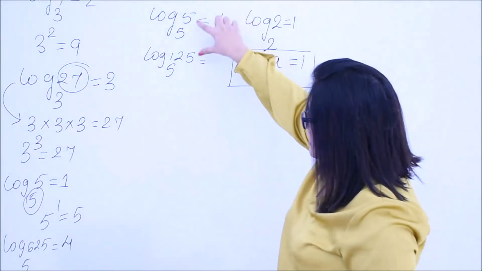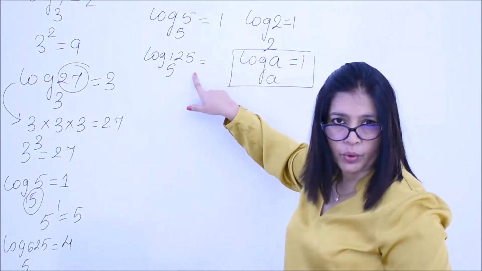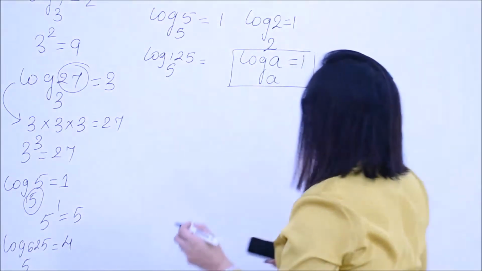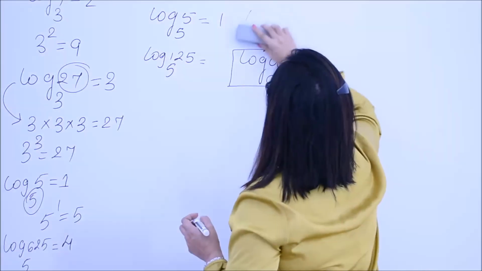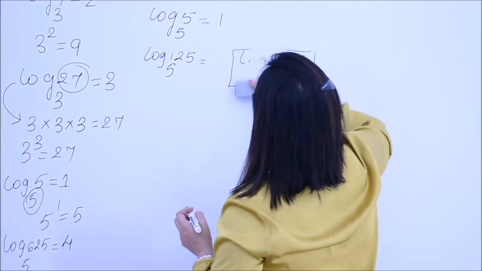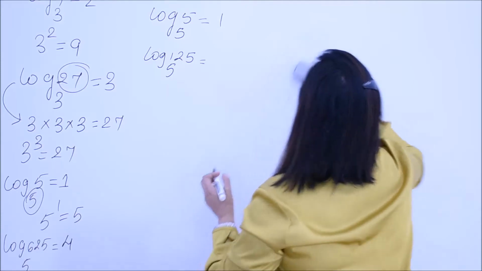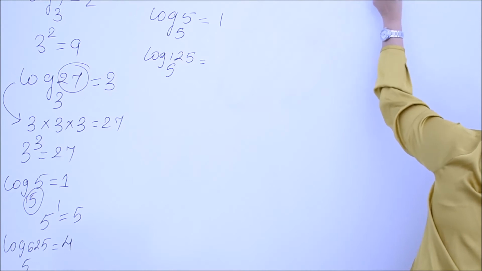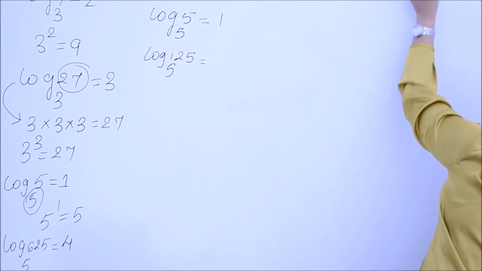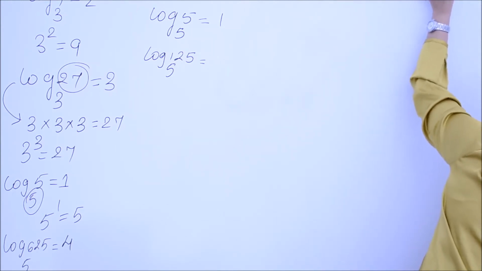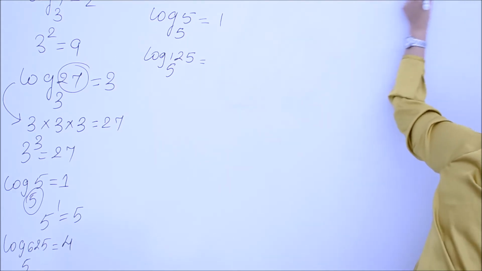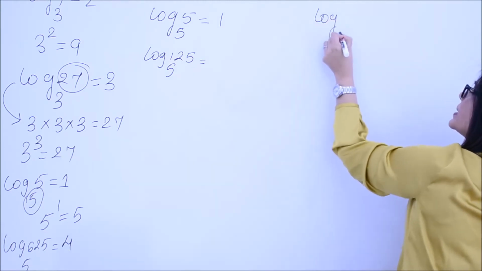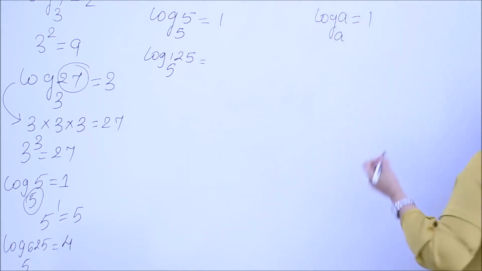Now let's say this is equation 1 and this is equation 2. So my equation 1 is, let me write it properly. Our first law which we have got, we'll make a list over here, that is laws of logarithm. The first law is log to the base a of a is 1.